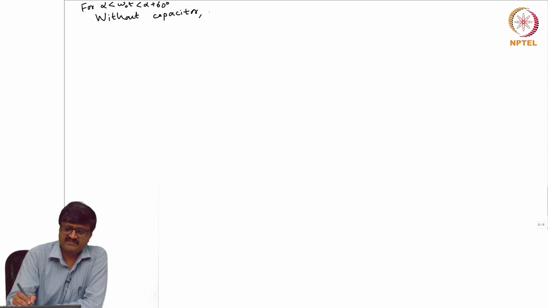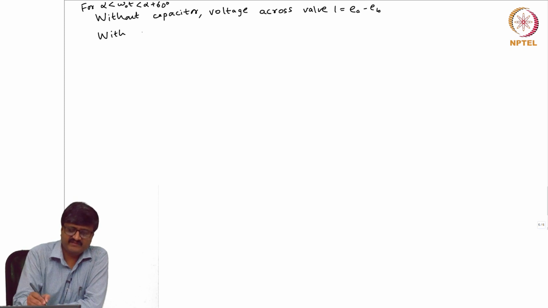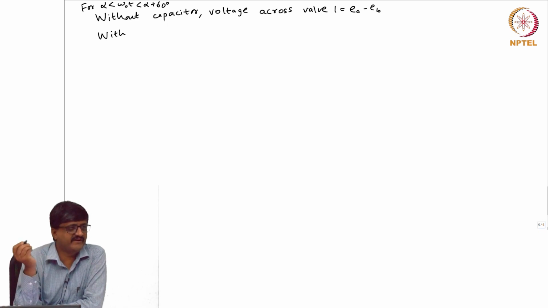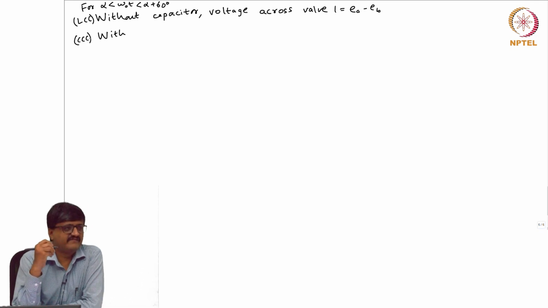Without capacitor, voltage across valve 1 is Ea minus Eb. Without capacitor means it is LCC, line commutated converter. With capacitor, that means for the capacitor commutated converter, CCC is an abbreviation for capacitor commutated converter.